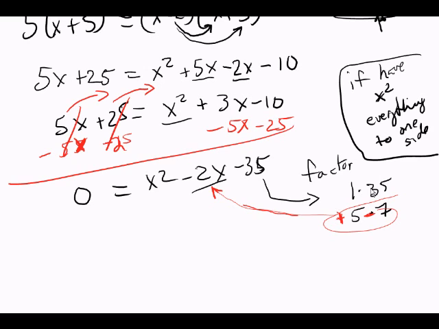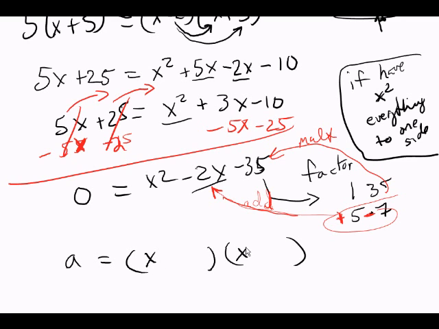Yes. A plus 5 and a minus 7. And when you add those, you get a negative 2. Do you see when you multiply them, you get a negative 35? When you add them, you get a negative 2, and when you multiply them, you get a negative 35.